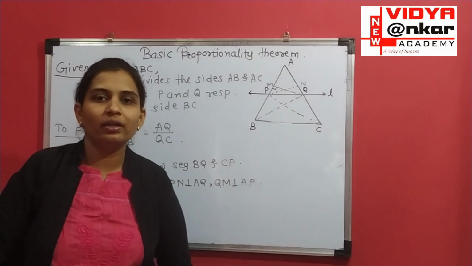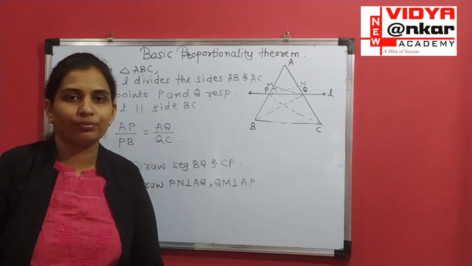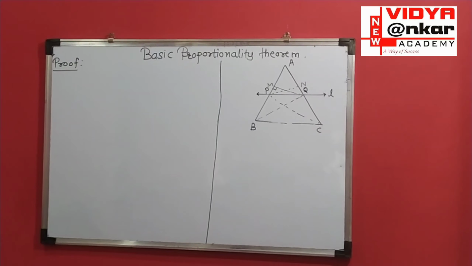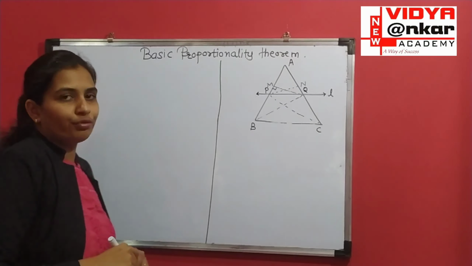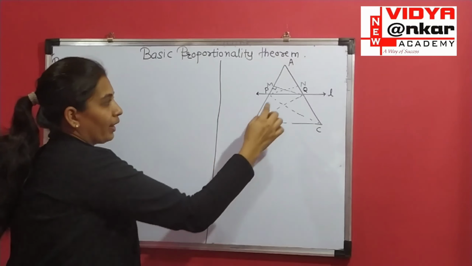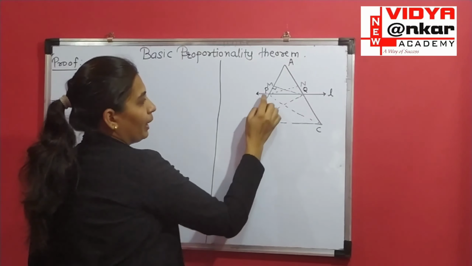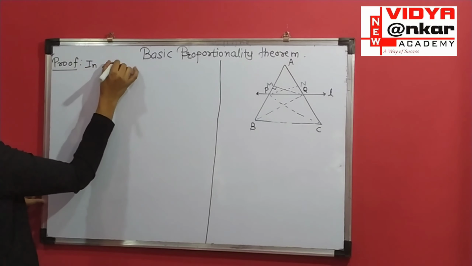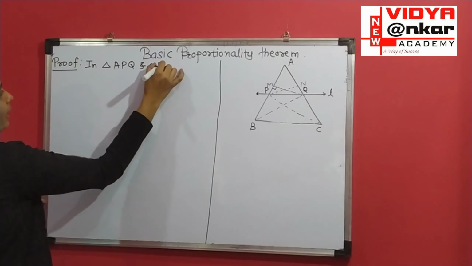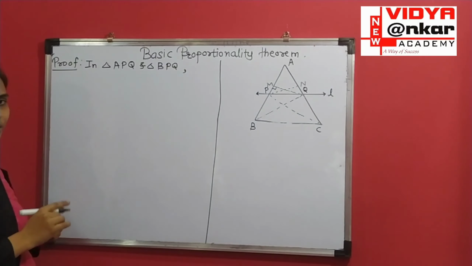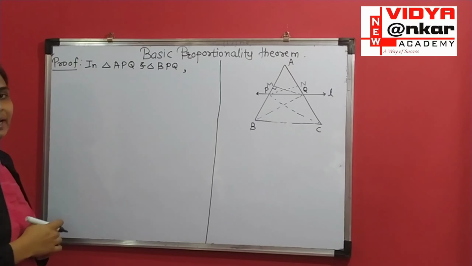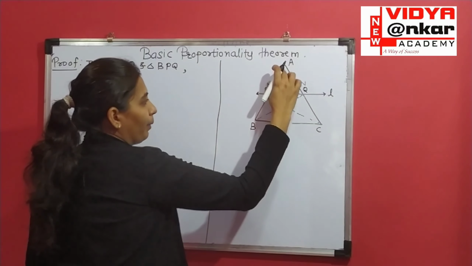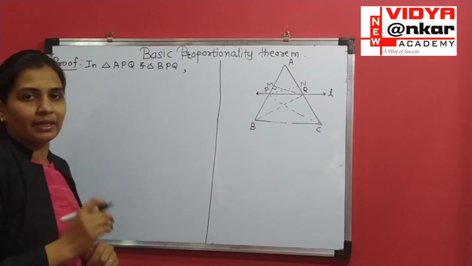Now we have to write the proof. So let's write the proof. Now students, for this proof we will take triangle APQ and triangle BPQ first. So I will write here, in triangle APQ and triangle BPQ, they have equal heights, so their bases will be AP and PB respectively.